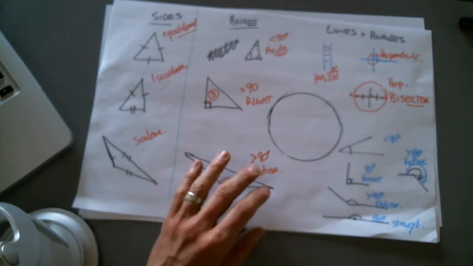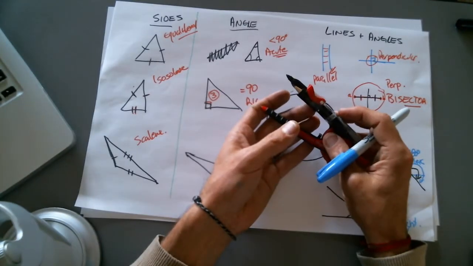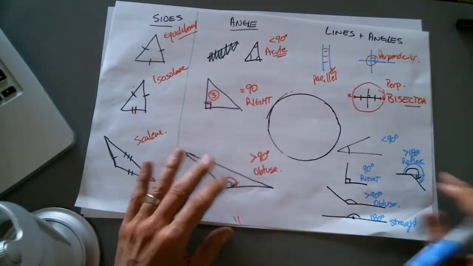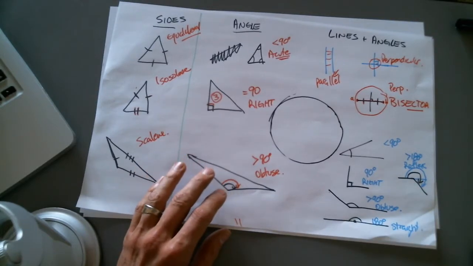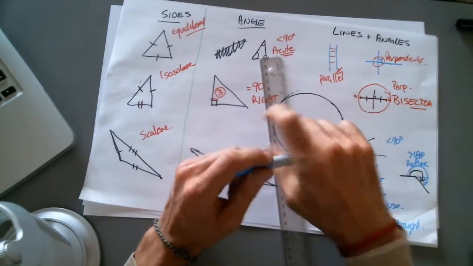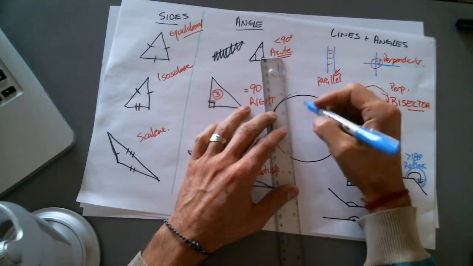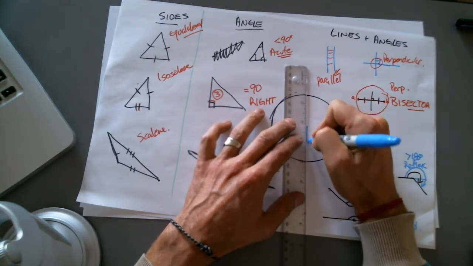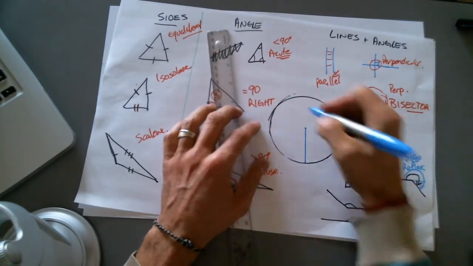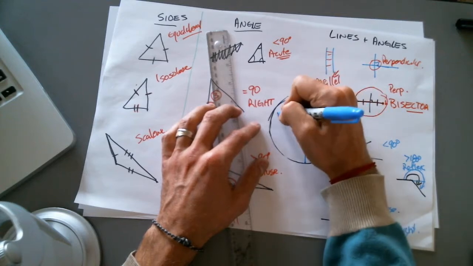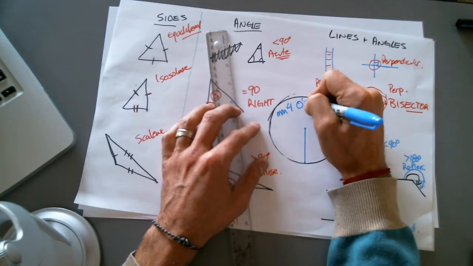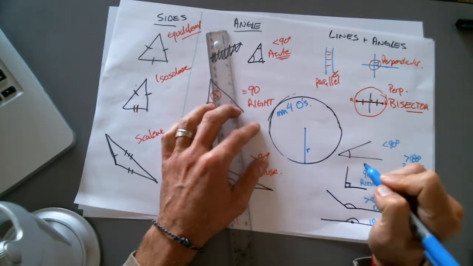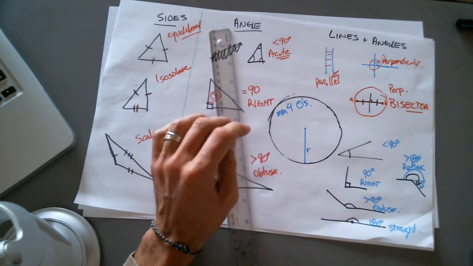I've also had to fix this up with a Sharpie just so you can see what I'm doing. So grade 6s who want the challenge and grade 7s, what I'm looking for is a minimum of 4 circles. Remember, center to the outside is a radius.